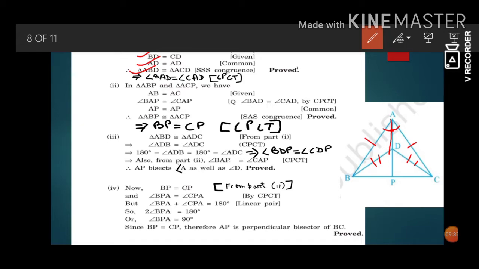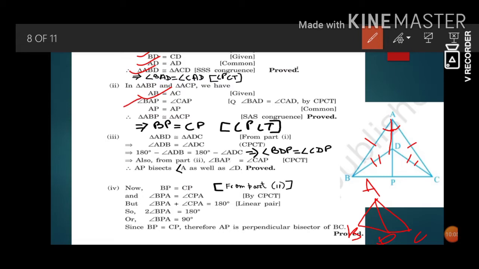Now we will prove that triangle ABP and triangle ACP are congruent. That is, these two big triangles, ABP and ACP, are congruent. Here AB is equal to AC, that is already given.